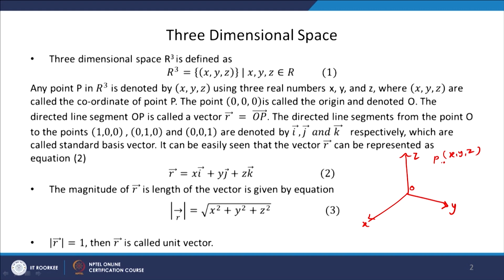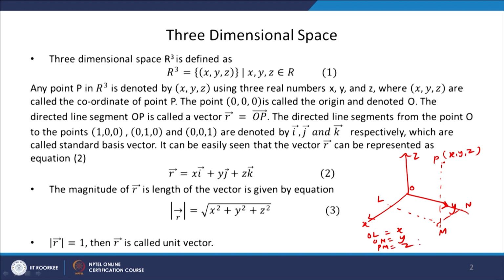We can interpret this as follows: if you drop a perpendicular to the xy plane, it meets the xy plane at M, and if you drop a perpendicular to the x axis from M, let us say it meets at L, and if you drop a perpendicular to the y axis, it meets at N. So, we can say that OL is x, ON is y, and PM is z.